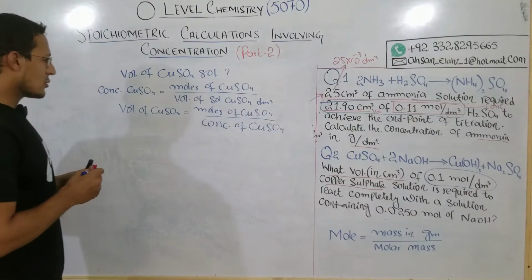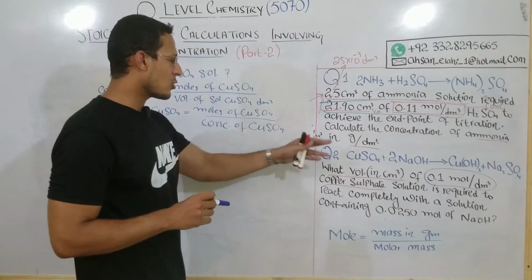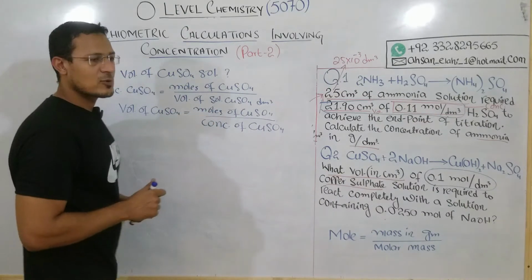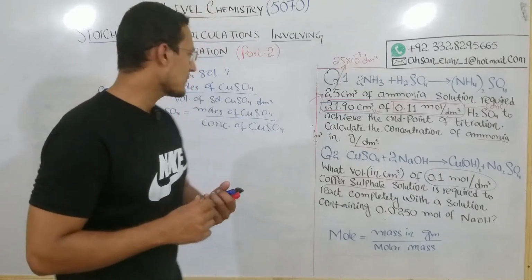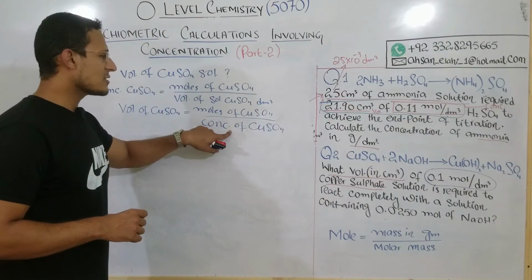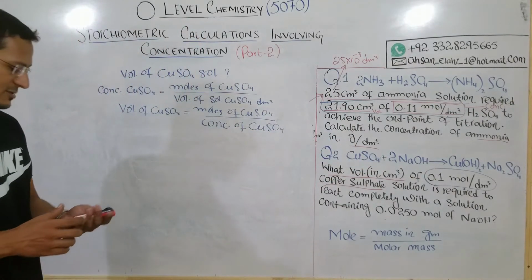Okay, students. So we have the concentration of copper sulfate, 0.1. We need the moles of copper sulfate. If we get the moles of copper sulfate, we will put the moles here and divide by the concentration, which is given here. We will get the volume of copper sulfate.